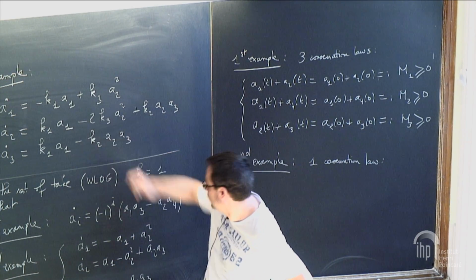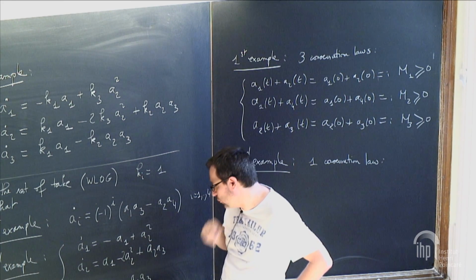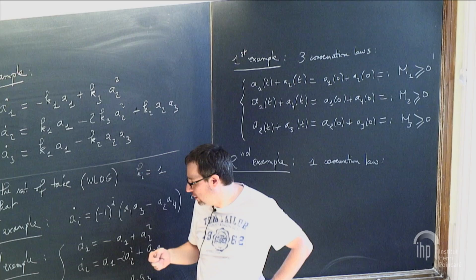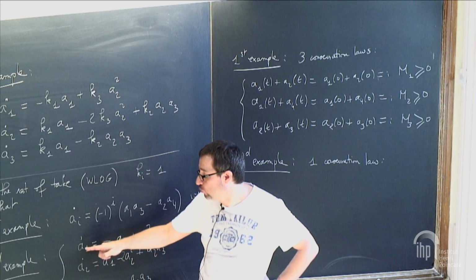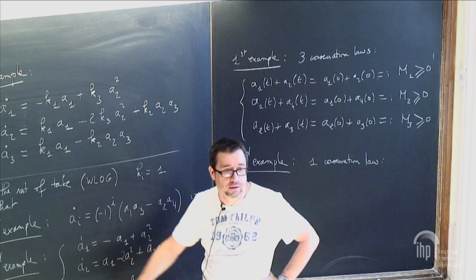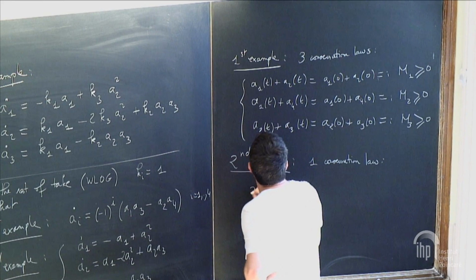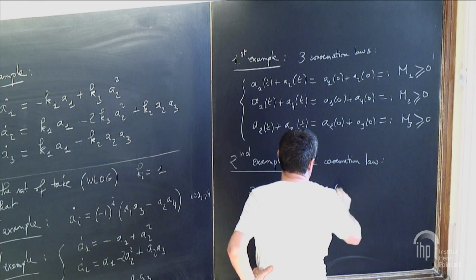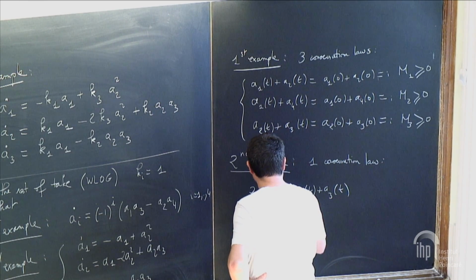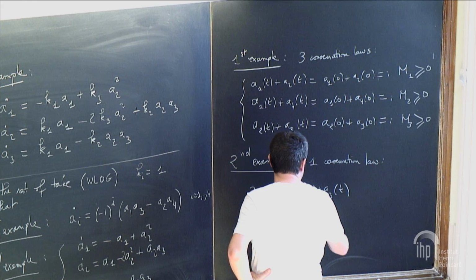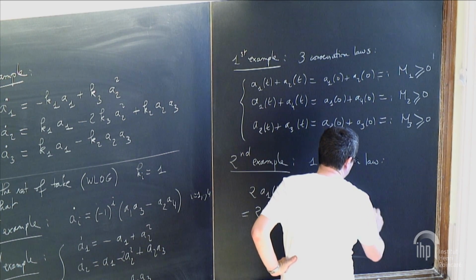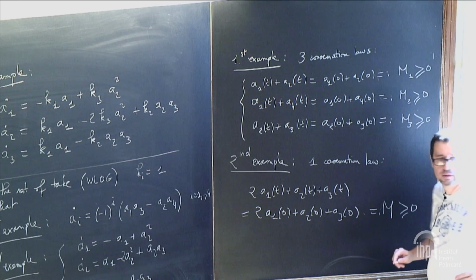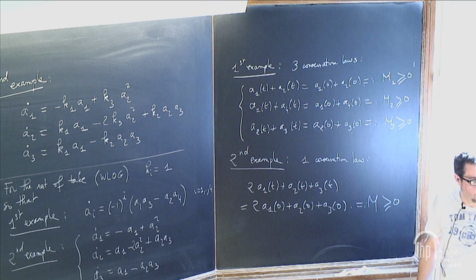Sorry. Here I forgot. Here, okay. Of course, that will help too when we do the conservation law. And then you see that the only possibility is just to consider 2A1 plus A2 plus A3 and to check that this is indeed conserved. So this quantity is equal to the same quantity at time 0 that we will call capital N. It will take non-negative.